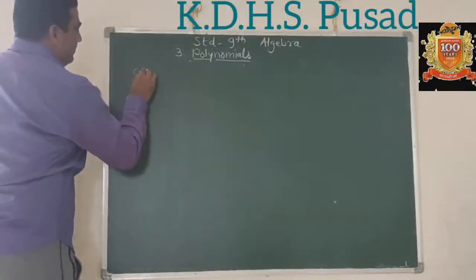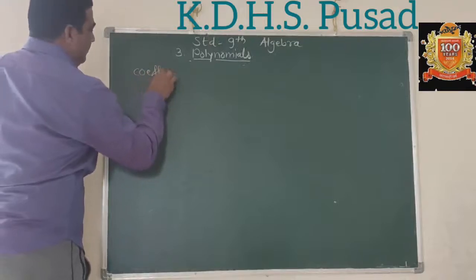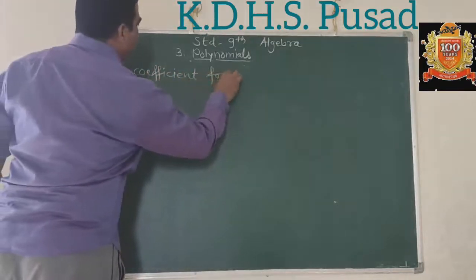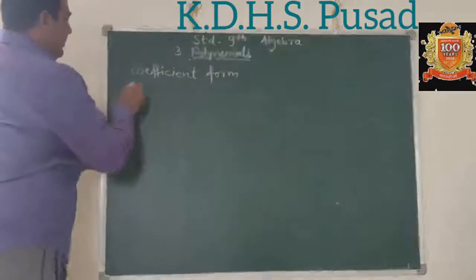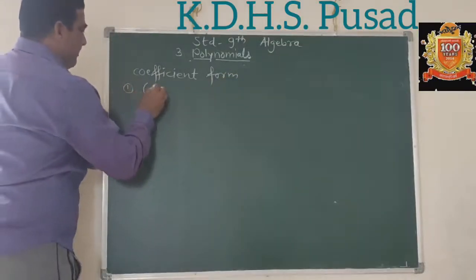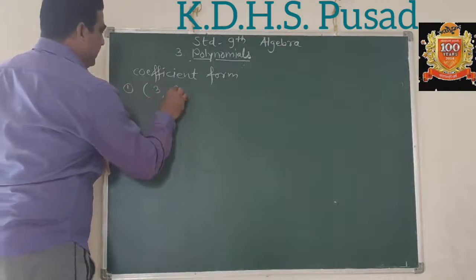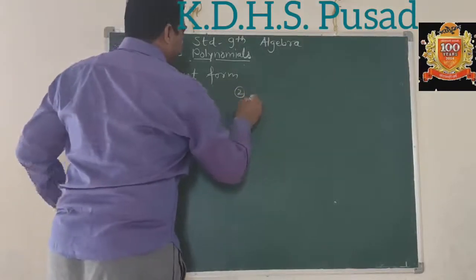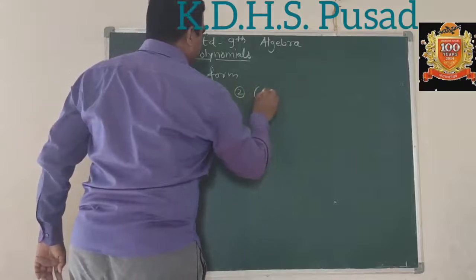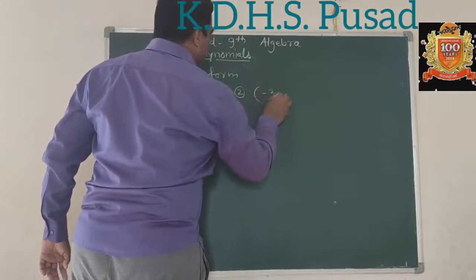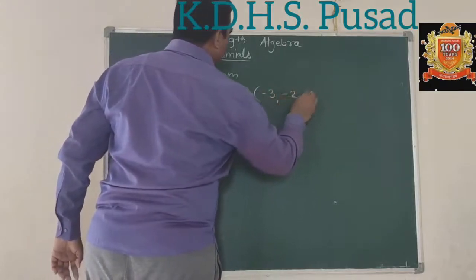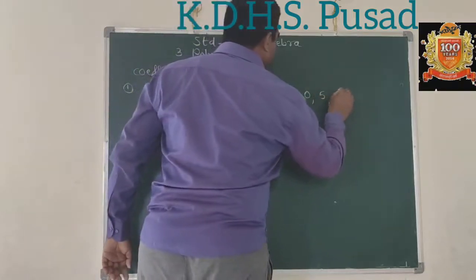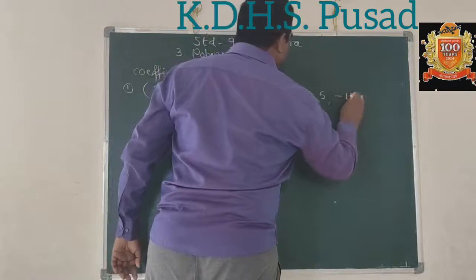Here, coefficient form. First example: 3, minus 2, 5. Second example: minus 3, minus 2, 0, 5, minus 1, 9.